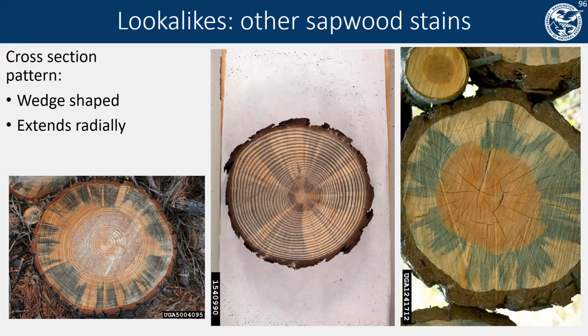Now, what I want you to notice is the differences between this and black stain. You notice that this staining is wedge shaped and it extends radially. So it goes over many years of growth rings, and it isn't limited to just a few.